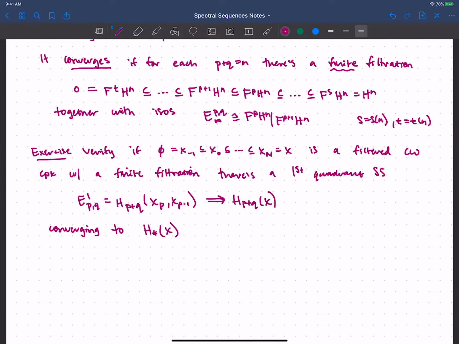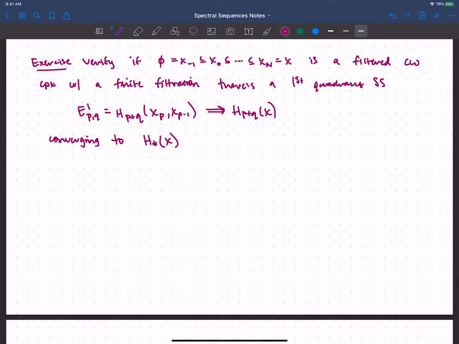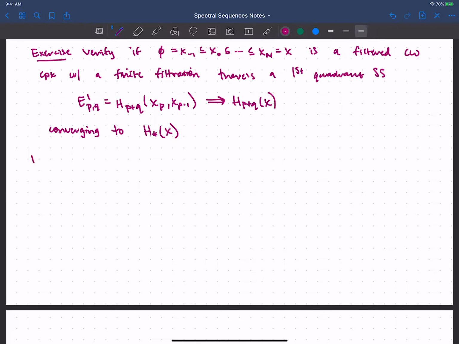But now we want to start to generalize. What if things are not so finite? Okay, so our next definition, again following Weibel, is that a homology spectral sequence, and now I am going to separate out homology and cohomology just because this is a new concept and because it's easy to get mixed up with inequalities.